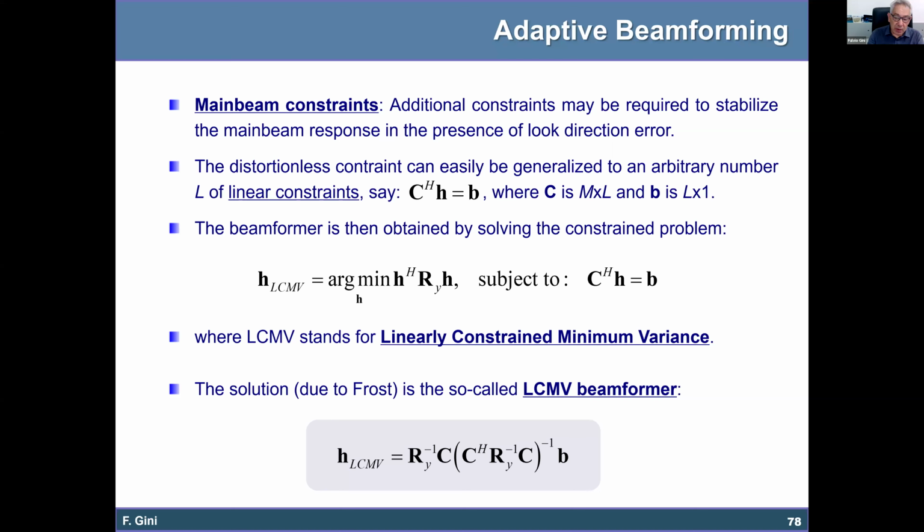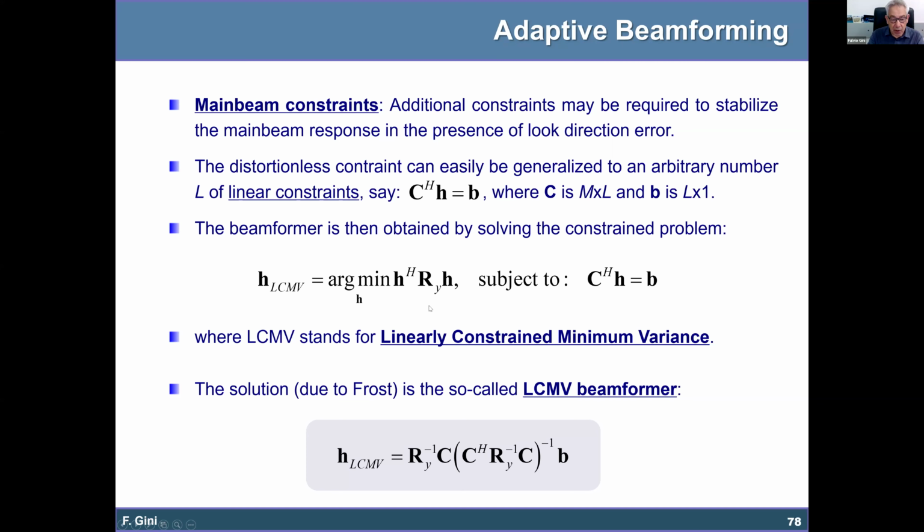Now, if you remember, Capon, the minimum variance distortionless response beamformer, which is an adaptive non-parametric beamformer, can be designed by solving a minimization problem like this.